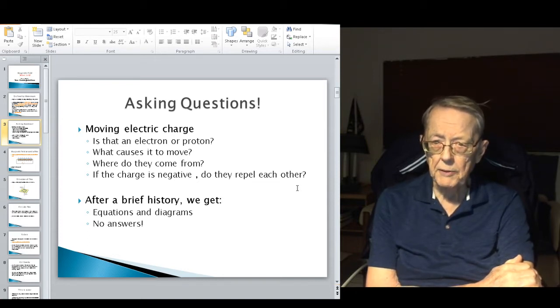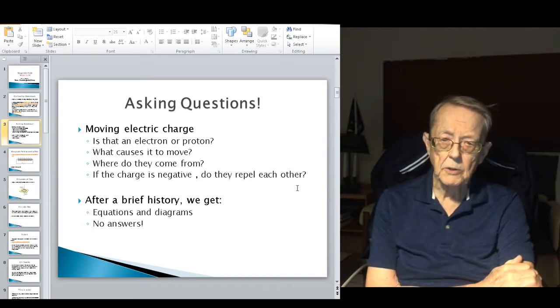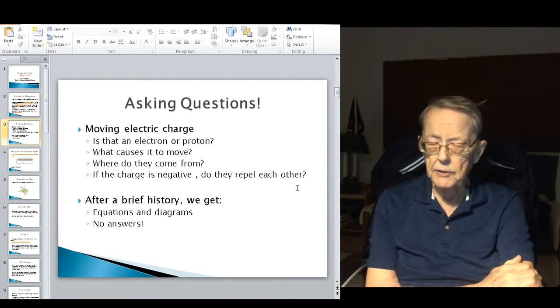These are just some of the questions you would ask of the people writing this so you could understand it better. The Wikipedia article then goes into a brief history, and then they get into equations, the B field, the H field, and so on, but not too much in terms of an answer.